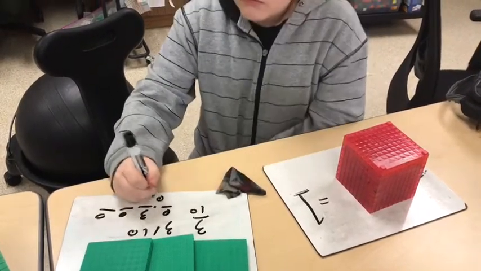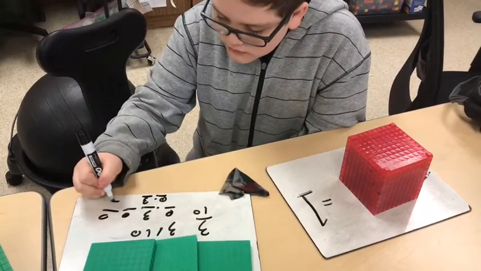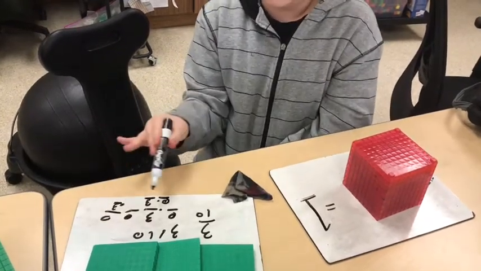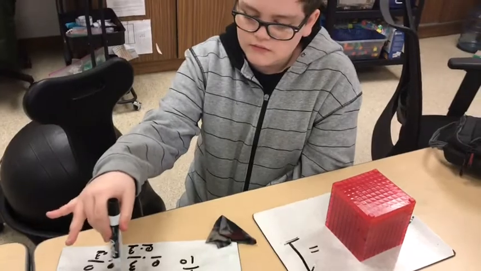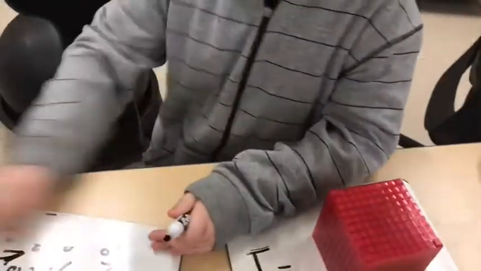Nice. Give me some other decimals. And it's still, the 3 is still in the tenths. Right. So as long as the 3 is in the tenths place, then it's 3/10, right? Mm-hmm. Okay. All right. Let's try another one. Erase.